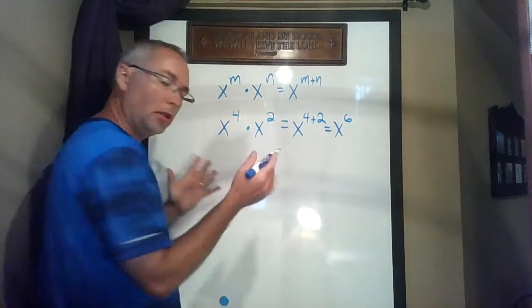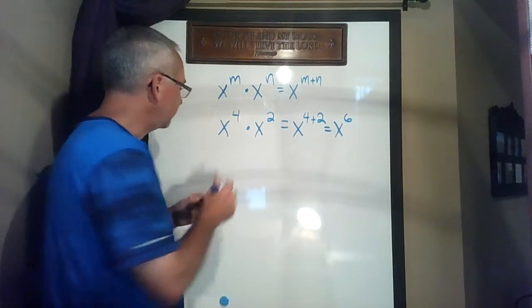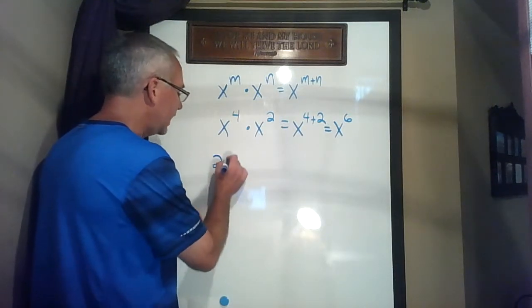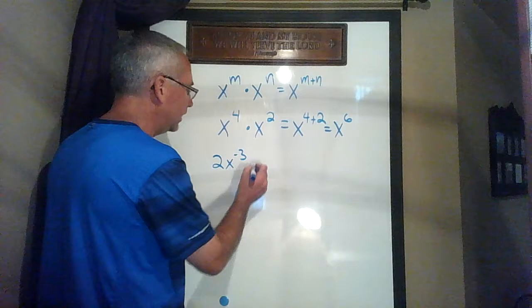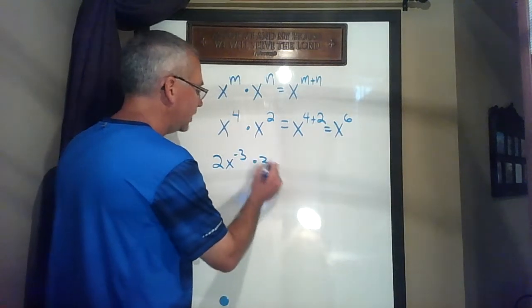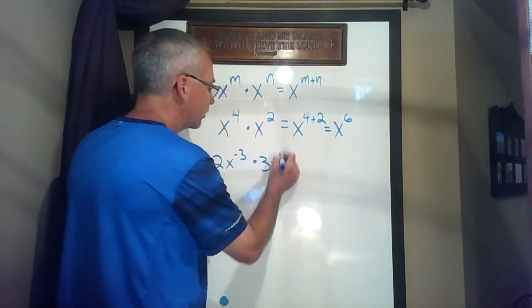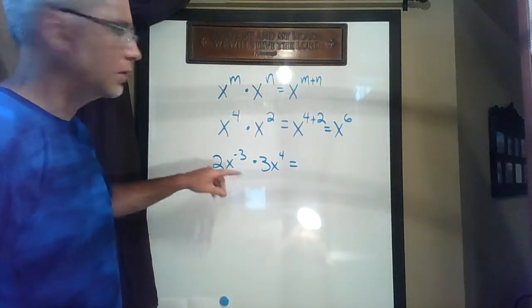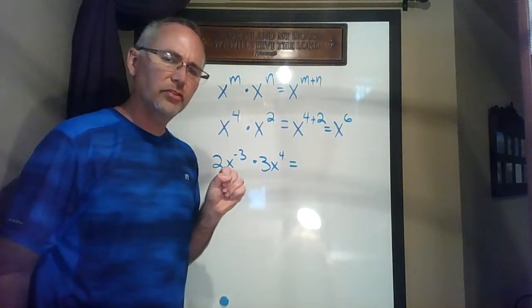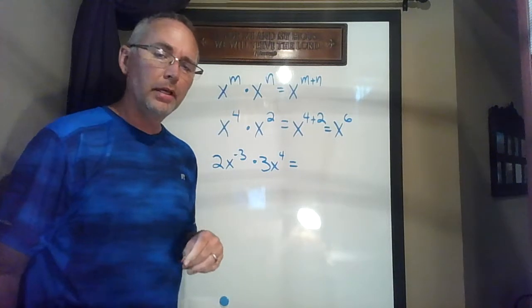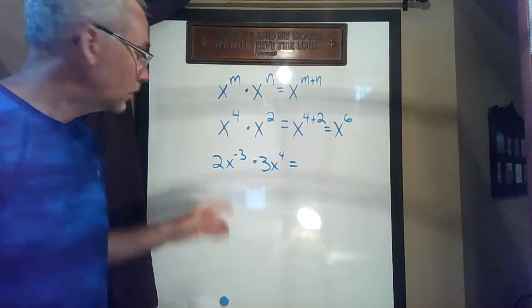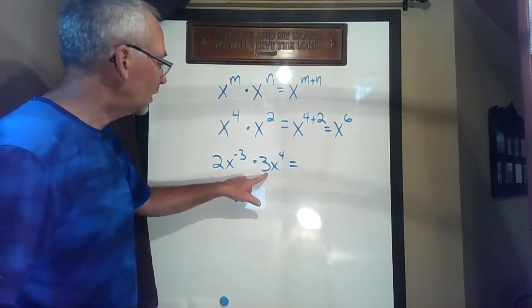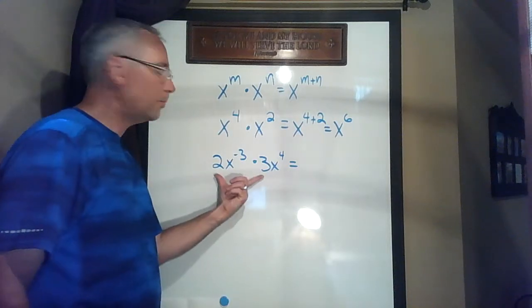Let's try something a little bit more challenging, and it's going to follow the same pattern. Let's say I had 2x to the negative 3 times 3x to the fourth. Well, if you don't know what a number that stands right in front of a variable is, we call that a coefficient. And if we have a coefficient of 2 and 3, they're numbers already.